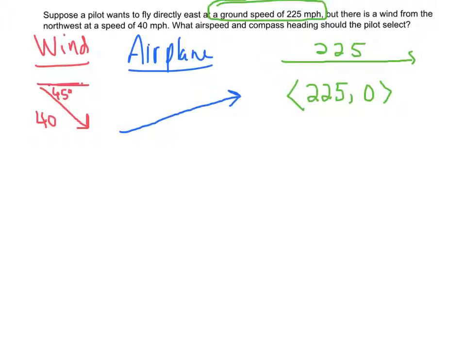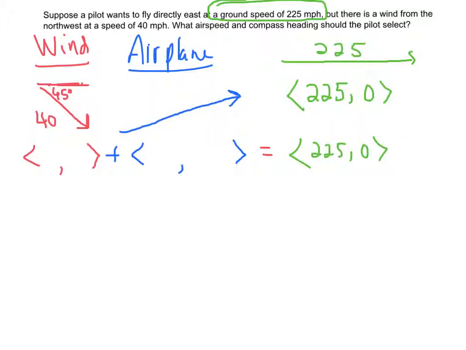So what we need to do is figure out the x and y components of this airplane vector, and the way we're going to do that is by solving this equation: the wind vector plus the airplane vector is going to equal this resultant vector. We're going to basically have to work backward on this one.